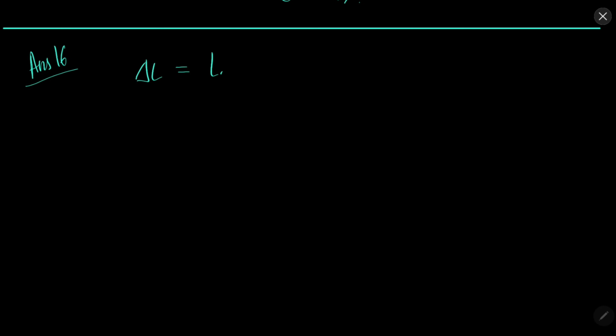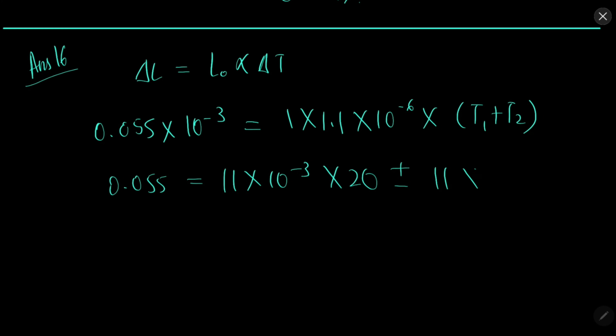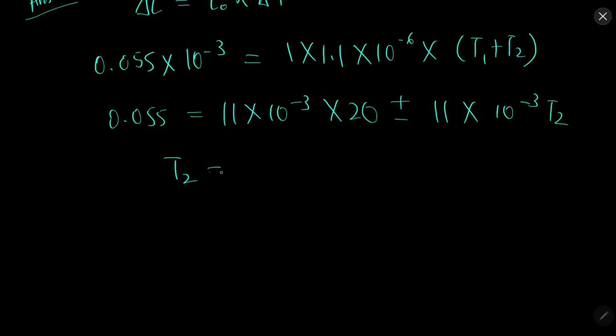Del L equal to L naught alpha del T. 0.055 into 10 to the power minus 3 equal to 1 into 1.1 into 10 to the power minus 5 into T2 minus 20. So T2 will be around 20 plus 5, 25 degree, or 20 minus 5, 15 degree.